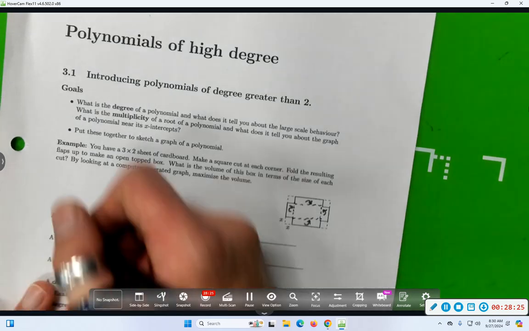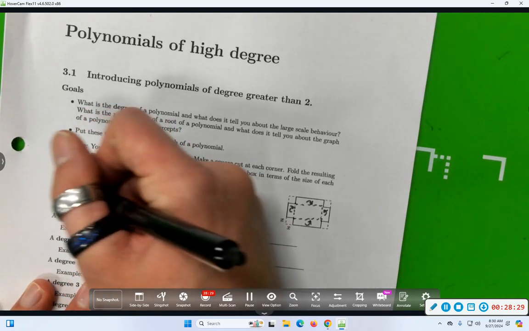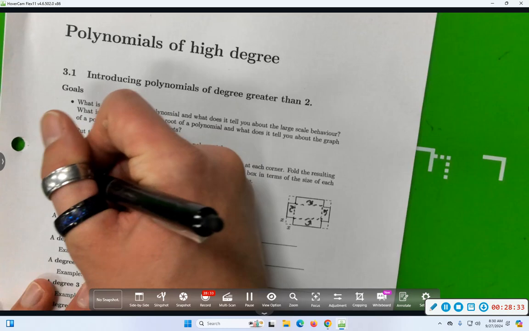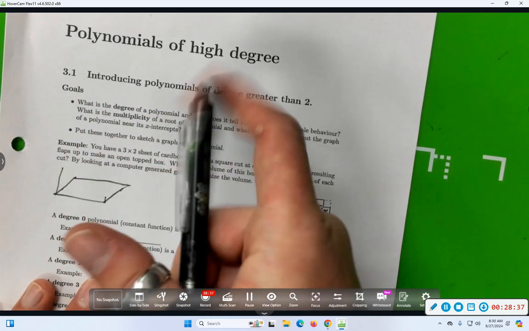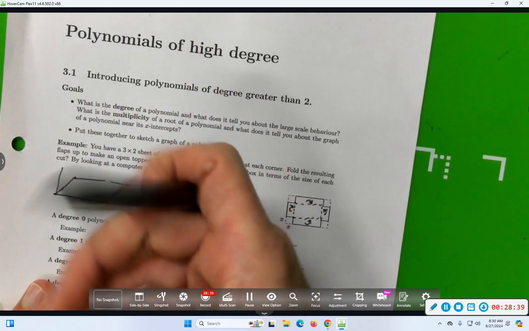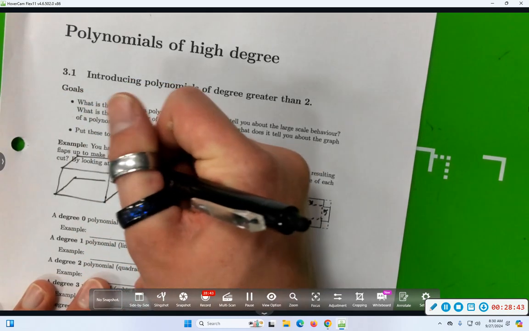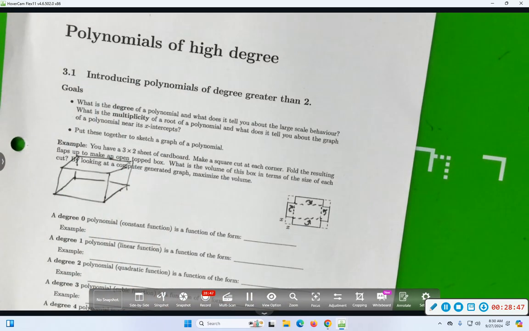So the formula for the volume of a box is length times width times height. All right. So let's figure out what the length, width, and height of this box are.